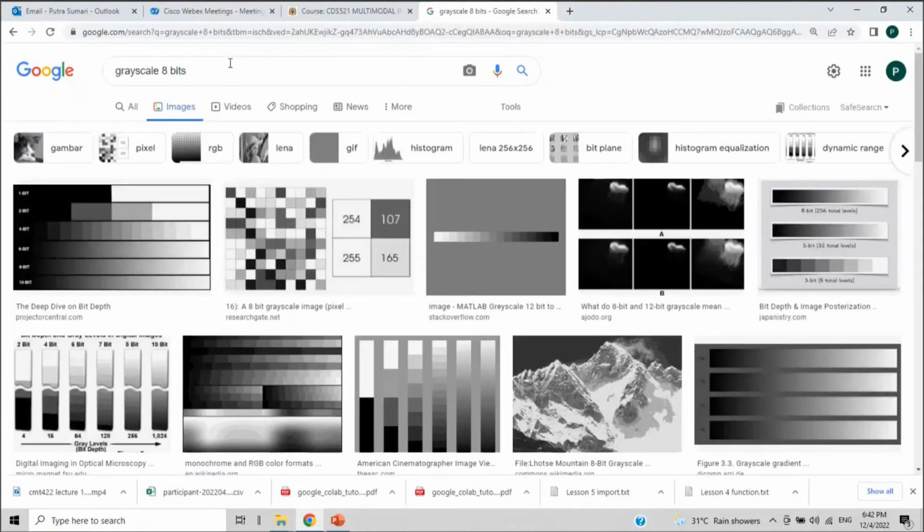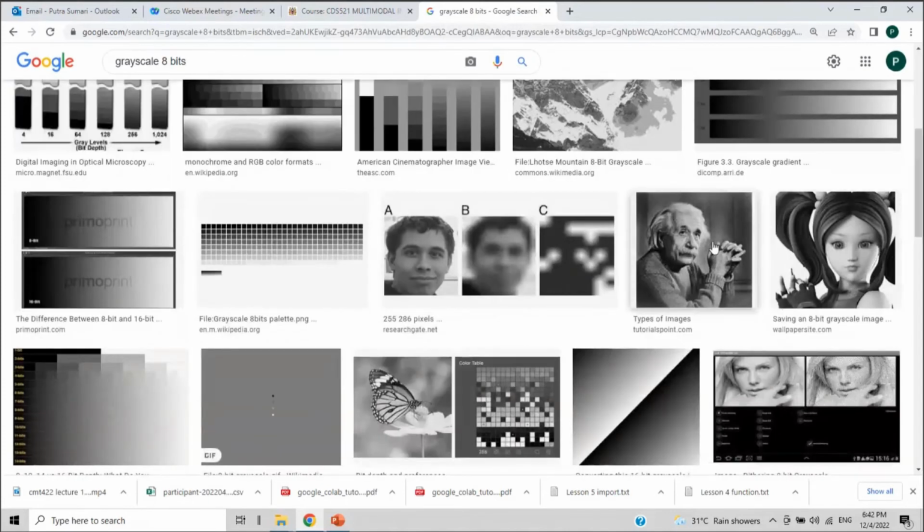When you say grayscale, you can ask people, what do you mean by grayscale? Is it 8 bit, 3 bit, 4 bit? You can ask them. But that's computer science. In real life, when we say grayscale, it is 8 bit, because 8 bits gives a nice picture that our eyes can cope with.